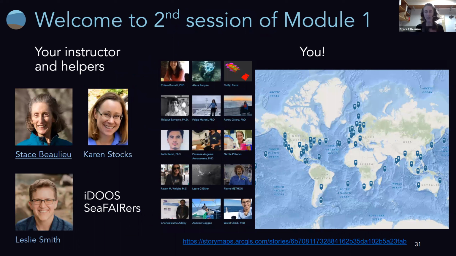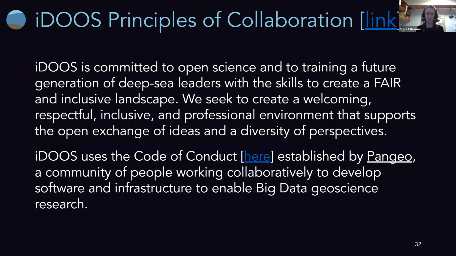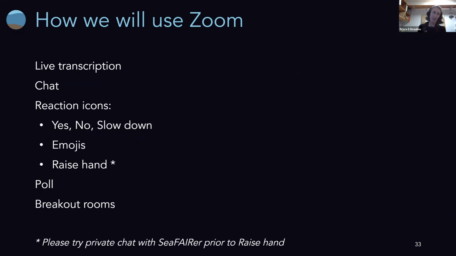And I don't expect everyone to be able to make every session of this training. So we'll start each session just acknowledging that some people may be new in the room, and we want to introduce each other, and of course, respect each other, recognize our principles of collaboration and code of conduct, and then proceed just acknowledging how we will use Zoom again in this second session.